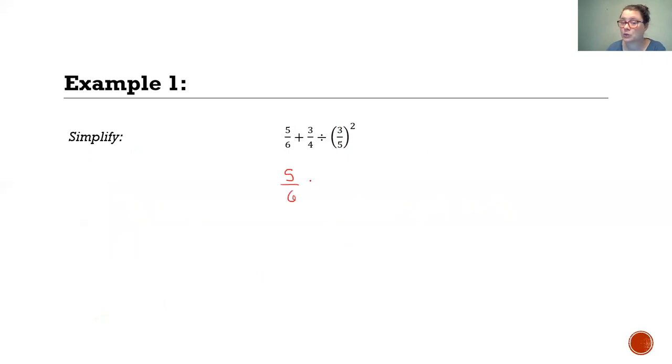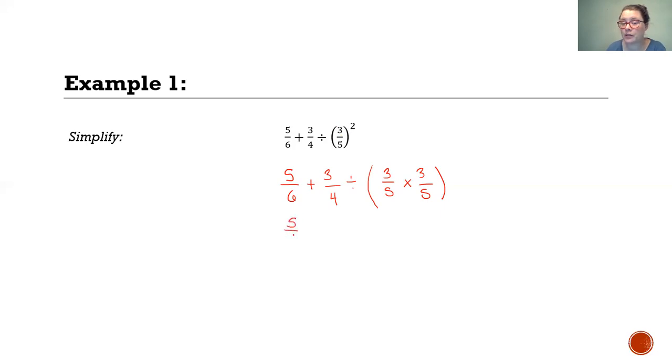We haven't done squareds with fractions, but you have done squareds before. So 5/6 plus 3/4 divided by, now when we square this, that simply means I'm going to use big brackets and do 3/5 times 3/5, multiplying it by itself twice. All right, so pretty easy math to do.